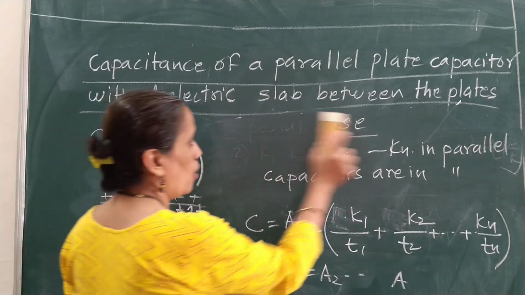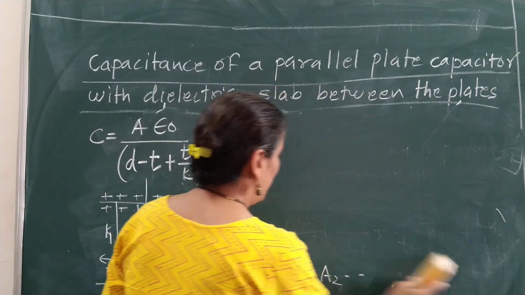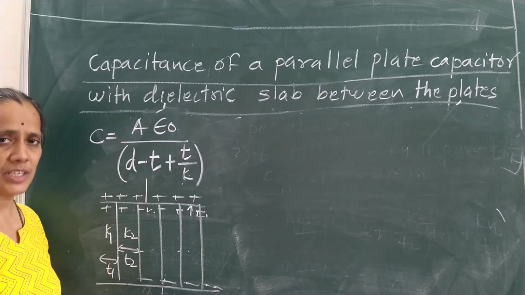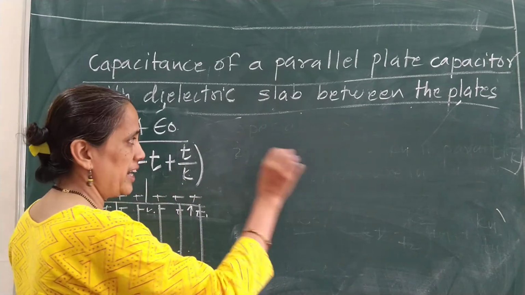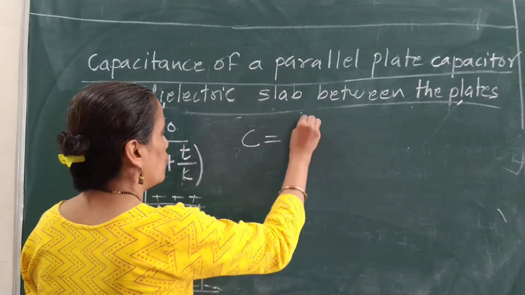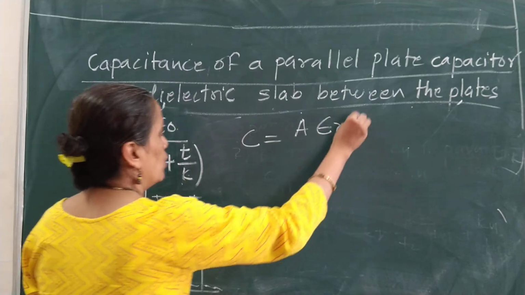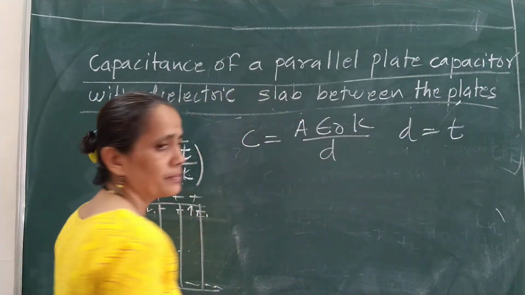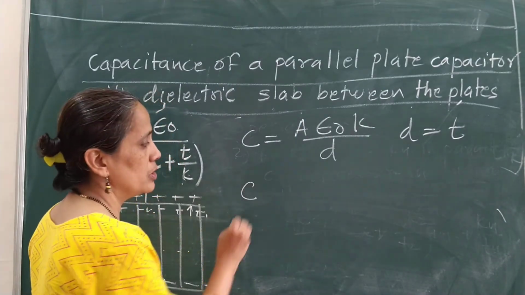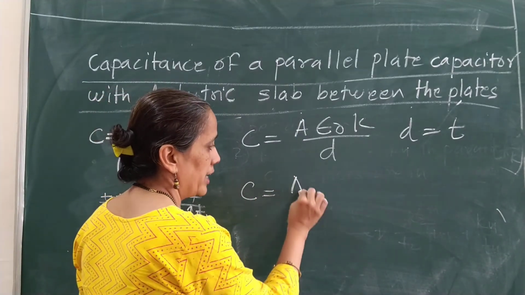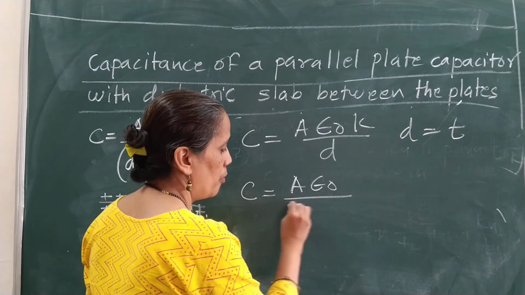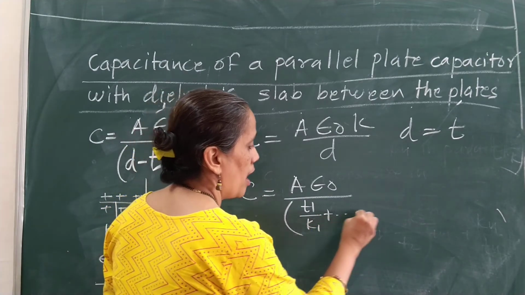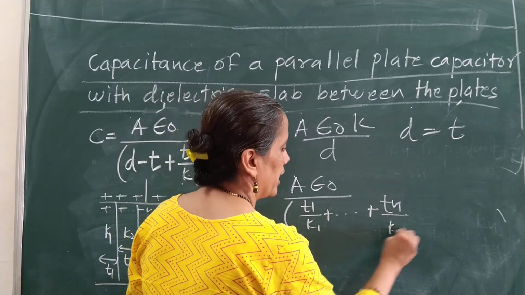So now I will recall all the cases. This is the capacitance when a small dielectric slab is introduced. If your complete space is filled with dielectric, your formula will become A epsilon naught K upon D, if your D is equal to T. Your formula will go on changing; you will get A epsilon naught divided by T1 upon K1 up till Tn upon Kn.